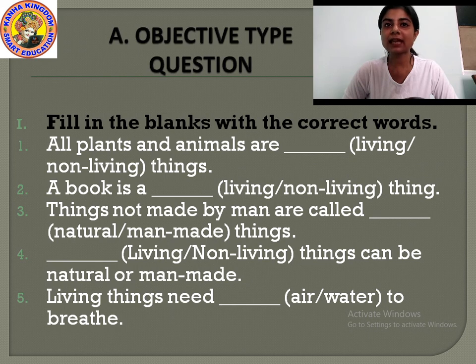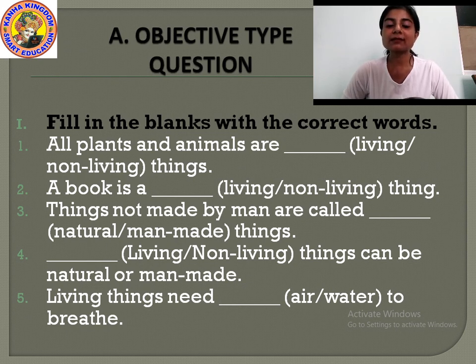Non-living things can be natural or man-made. Living things need air to breathe. So these are the answers.